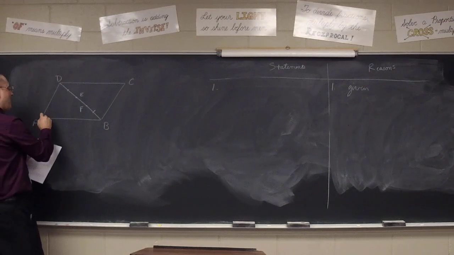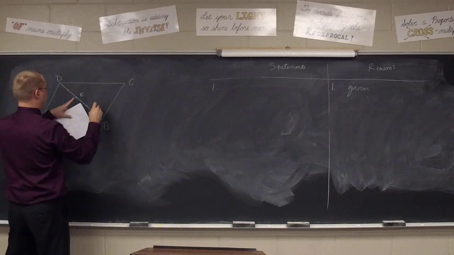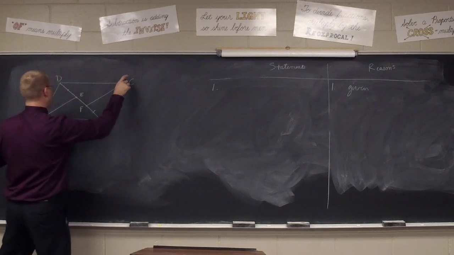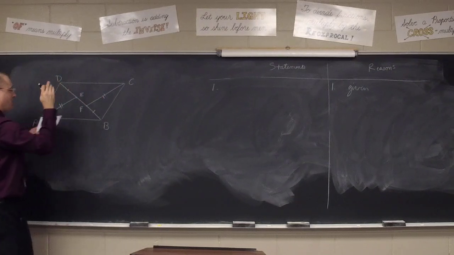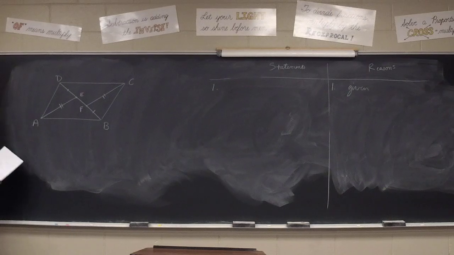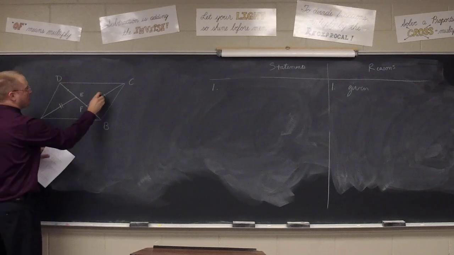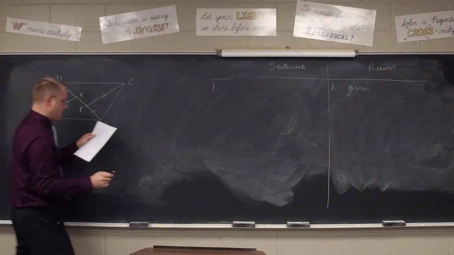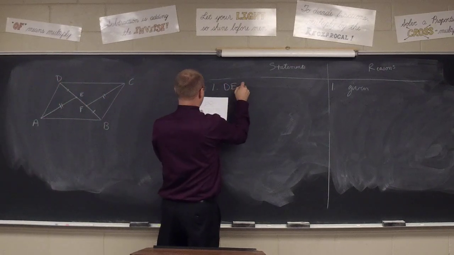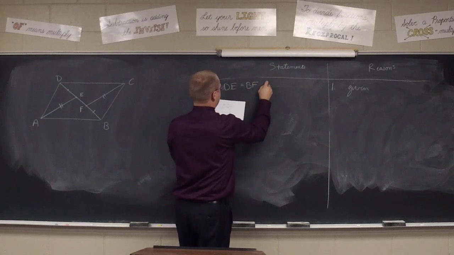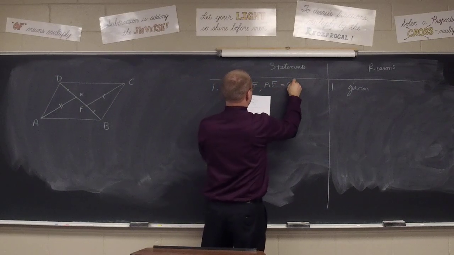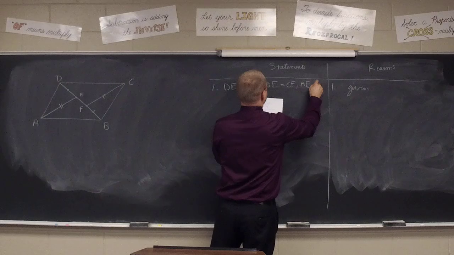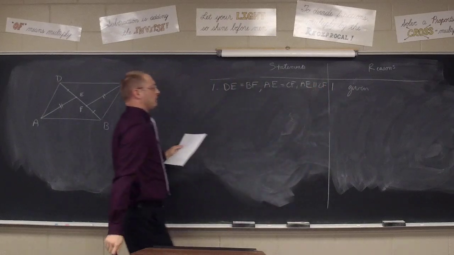And then if we happen to know that the lines going to the opposite vertices are also equal, and if somehow these two lines happen to also be parallel. Okay, so a lot in the given there: DE equals BF, AE equals CF, and AE is parallel to CF. So a lot in the given.